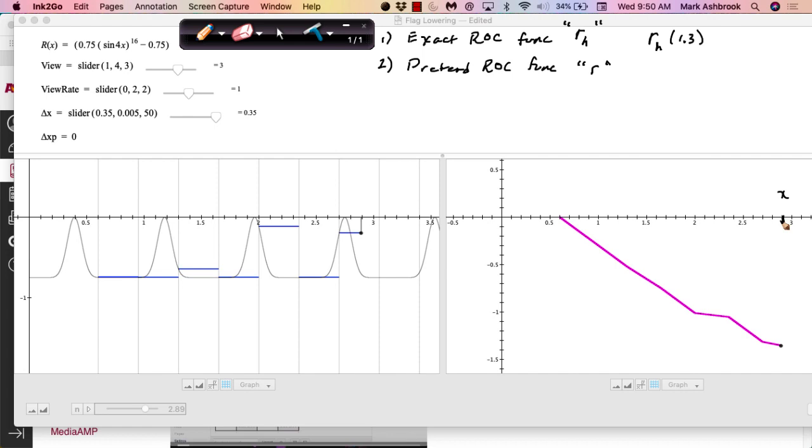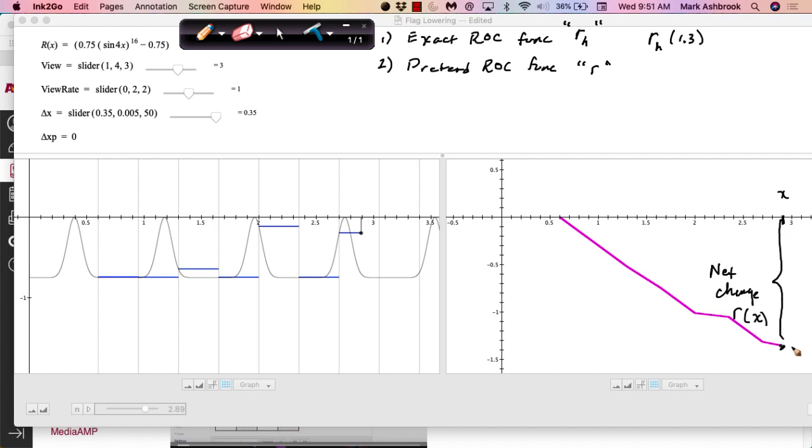Do it again. So that right there is the net change in height, or r sub h, or sorry, r, just r of x.